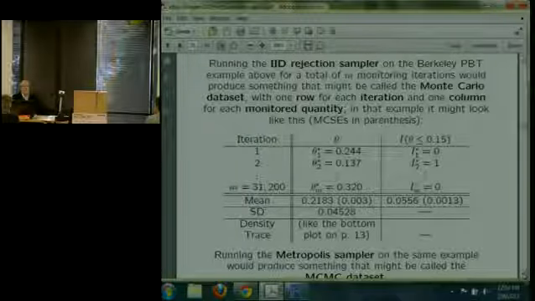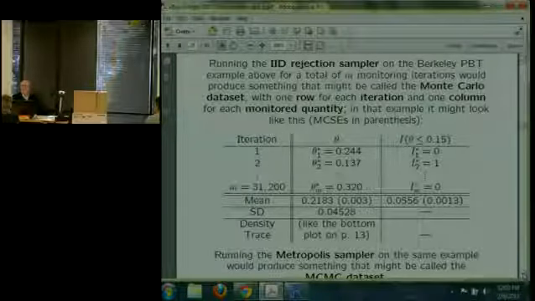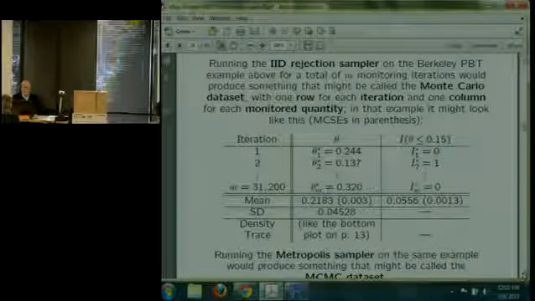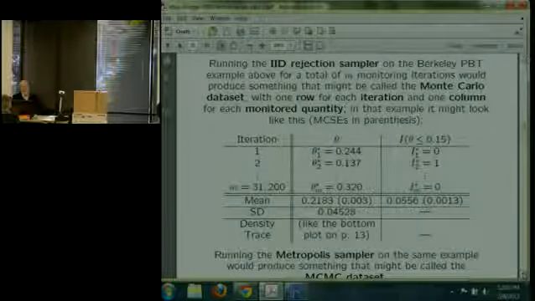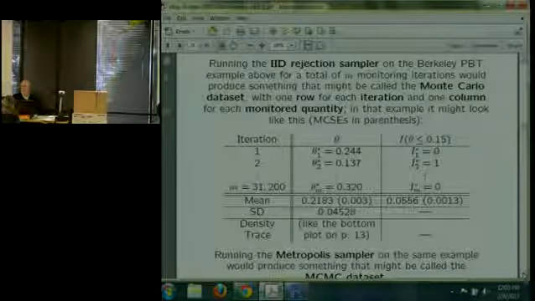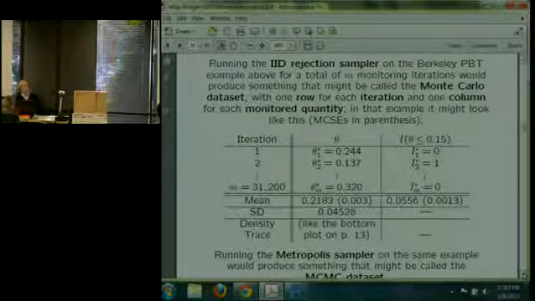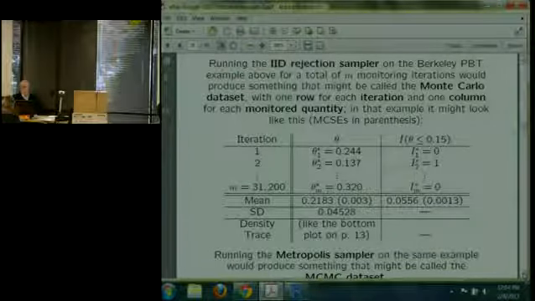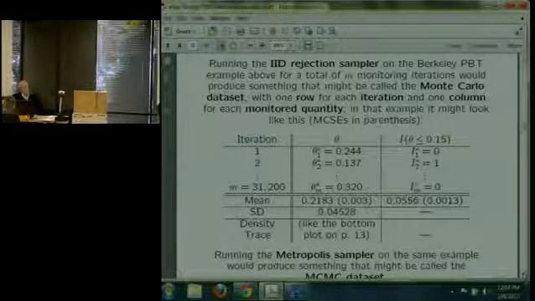Because we're just using two Monte Carlo valid ways to learn about something. Would we get about the same thing for our Monte Carlo estimate of the posterior standard deviation of theta? Again, yes. Would we get about the same thing for our Monte Carlo estimate of what the posterior density looks like for theta? Again, yes. So it's seeming as though there wouldn't be any differences at all between these tables.